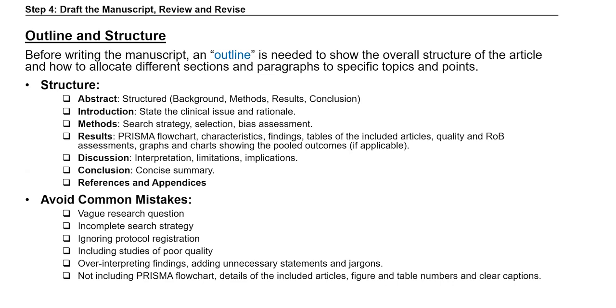Results. Please, the PRISMA flowchart is one of the most important parts, as we talked about. The characteristics of the populations. Usually I use a table to include all the factors that we extracted from each paper and their findings, and as we talked about, the authors, year of publication, etc. So it makes it much easier, not only for analysis, but also for presenting the results and discussion later.